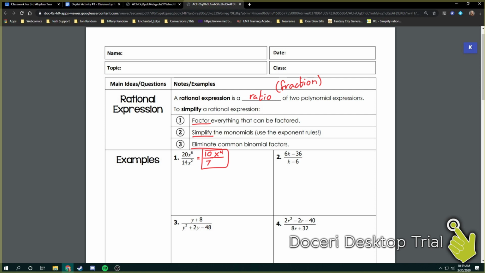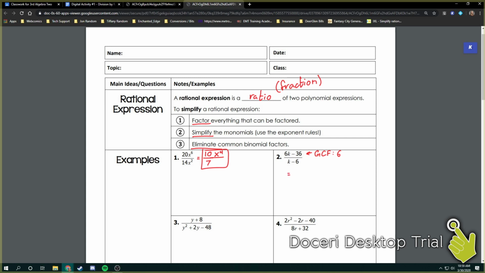Alright, next problem. Number 2, 6k minus 36 divided by k minus 6. Okay, so this we actually can do some factoring. The numerator here has a greatest common factor. The largest number that goes into both 6 and 36 is 6, so I can factor that out. I can divide it out of the first two terms.